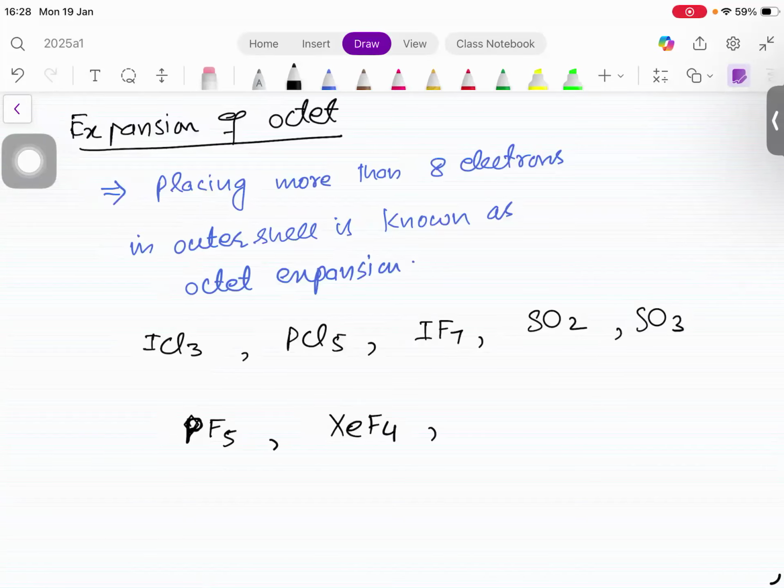Okay, this is the homework. You have to draw the dot and cross diagram for all these molecules.